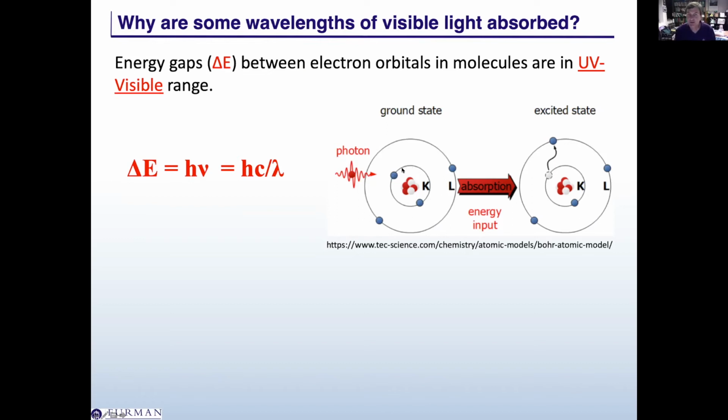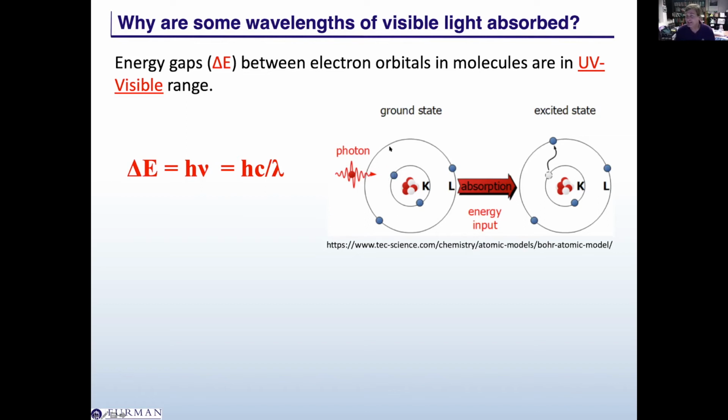Except that with electrons, this orbit is allowed, and maybe this orbit is allowed, but nothing in between is allowed. And so if the light comes in and it's got just the right energy, the same energy as the difference between an electron here and here, it can shove that electron from this orbit to this orbit.